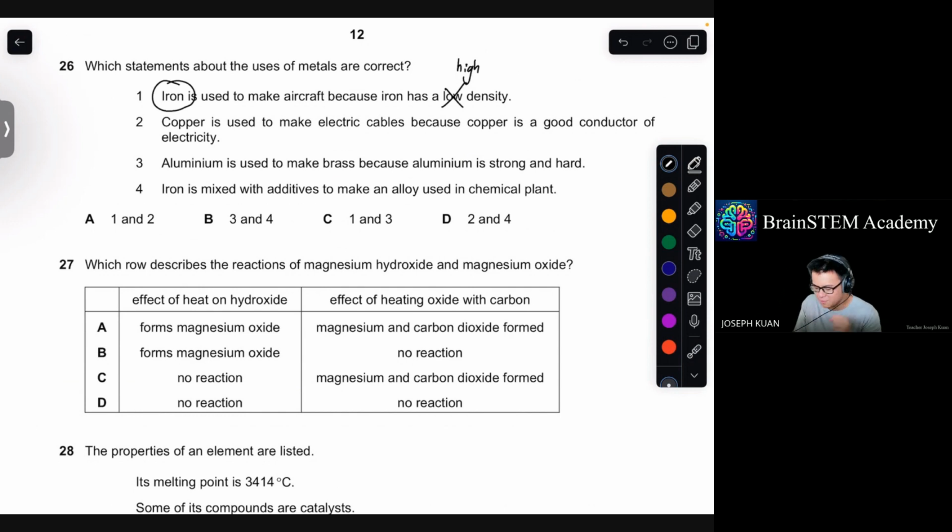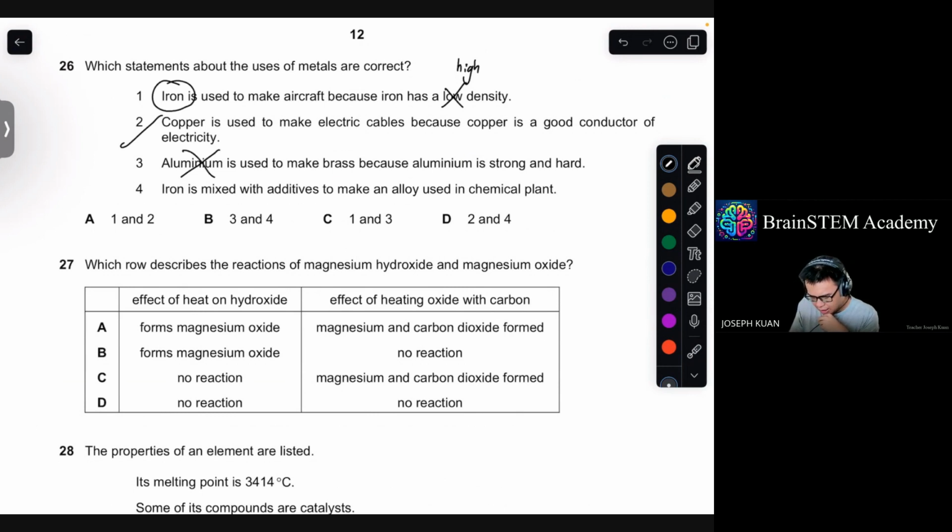2, copper is used to make electric cables because copper is a good conductor of electricity. That is absolutely correct. That's why the wires in my headphone are made from copper. 3, aluminium is used to make brass because aluminium is strong and hard. Brass does not contain aluminium, so that's wrong.